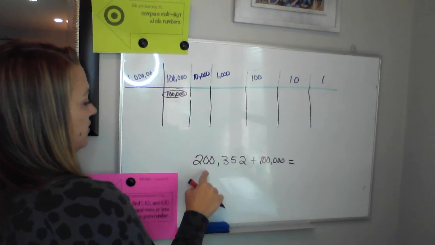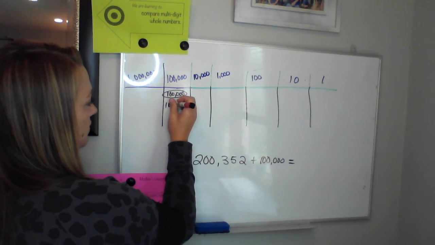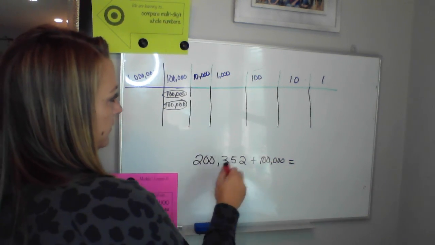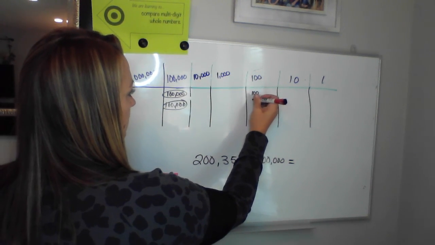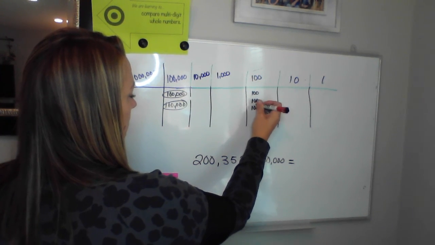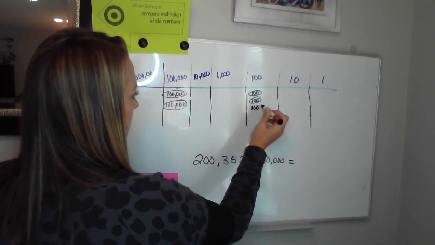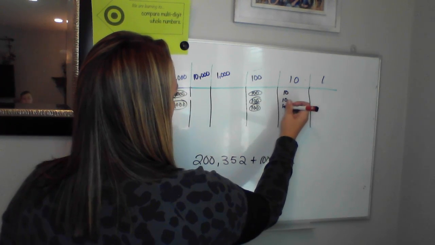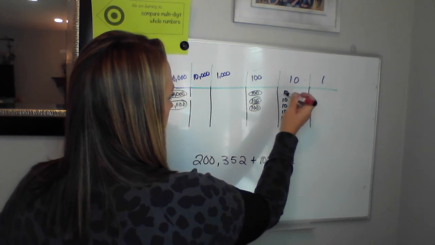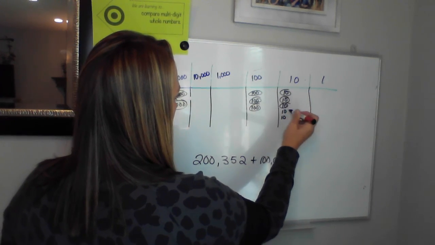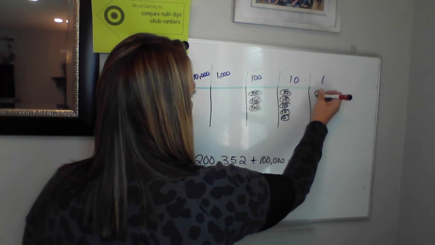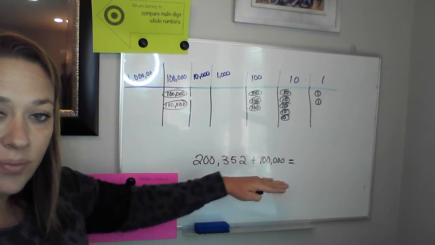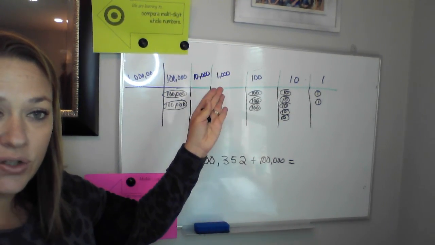So I'm going to model my 200,000s. I've got 3 hundreds. I have 5 10s. And 2 1s. So now I want to add 100,000. So what's that going to look like?